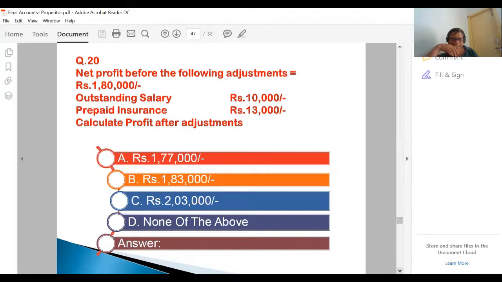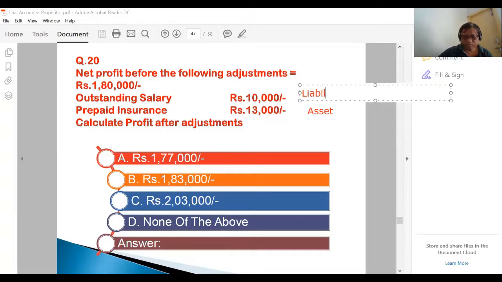This is asset. This is liability. We need to see whether this asset as well as liability will form part of net profit before tax.